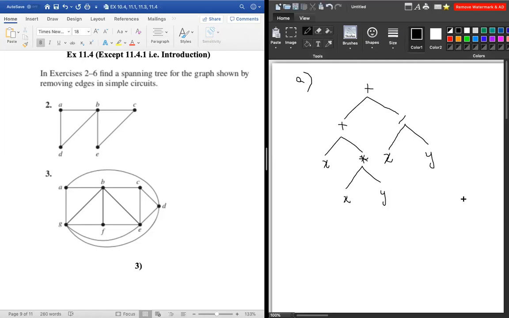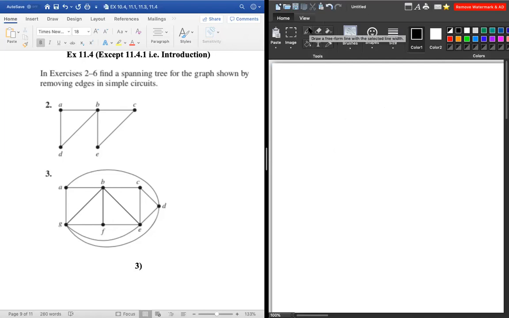Okay, let's do it here. So we're going to be doing this graph here. Here we have to represent this using a simple circuit, a spanning tree for the graph shown by removing the edges in simple circuits. Okay, so we have this graph here.